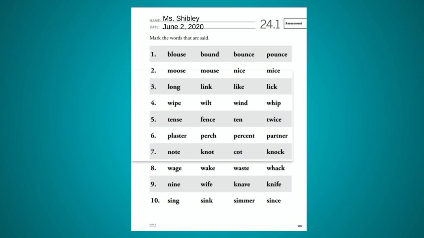Which of these words shows the word tense? Number 6, percent. Which one of these words shows percent?